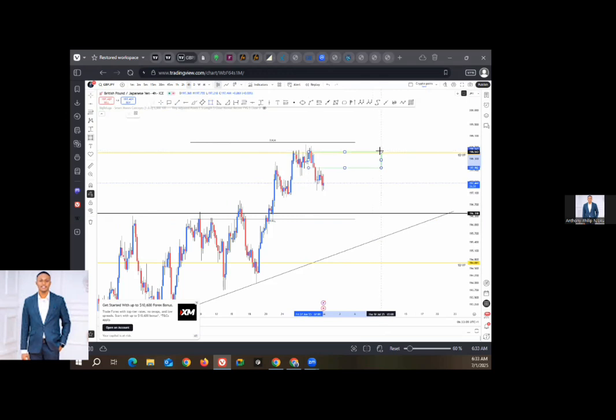So this fulfilled efficiency, and this has unfulfilled efficiency. So over here in the supply zone on the 4 hours time frame right now.